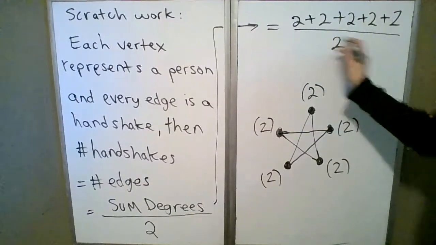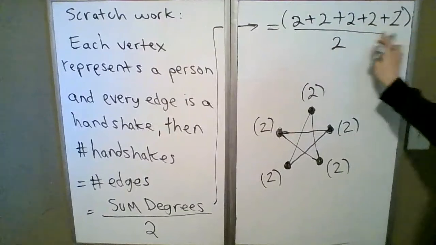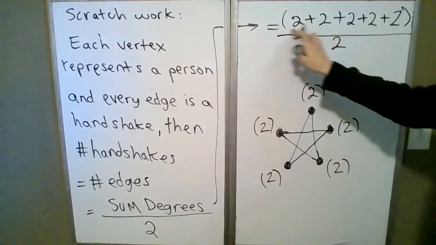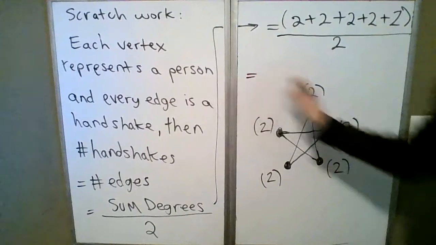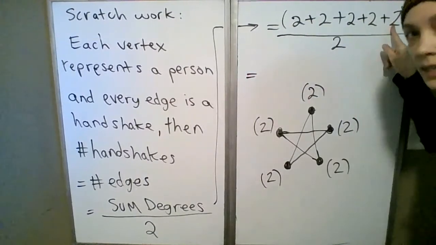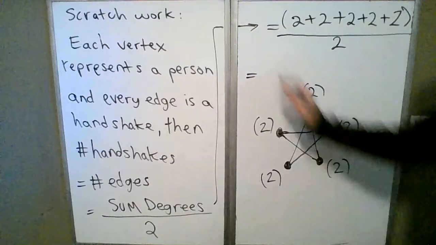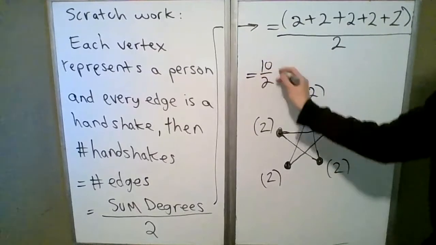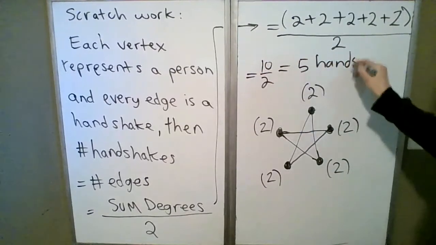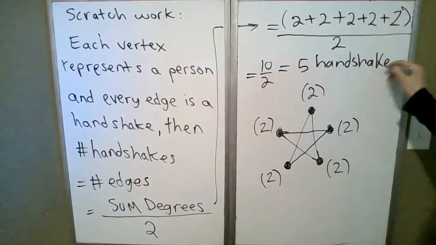And then divide by 2. Okay, 2, 4, 6, 8, 10. And then 10 over 2 is 5 handshakes.